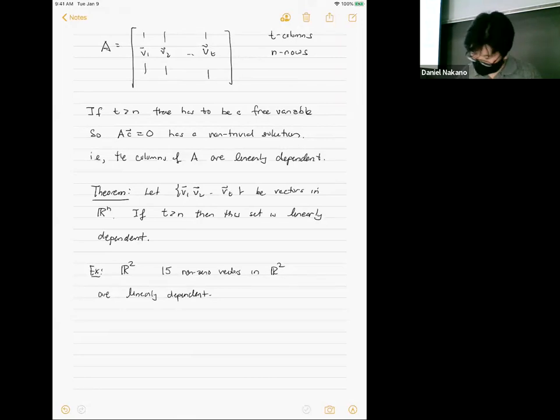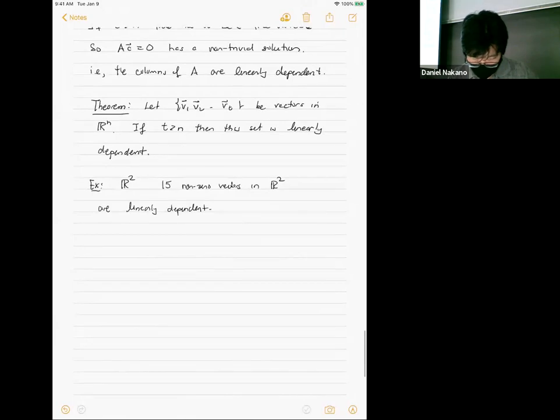Okay. Let me give you another quick example. Let A be a 7 by 5 matrix.